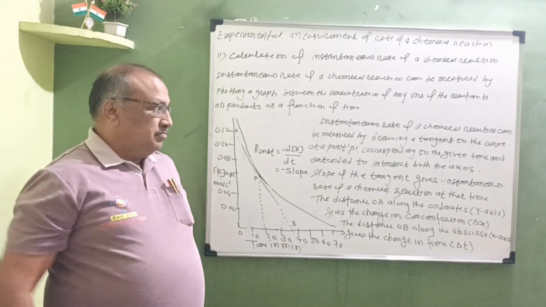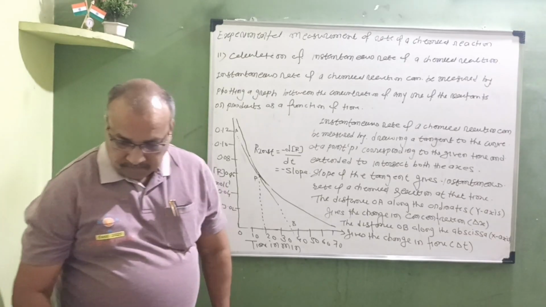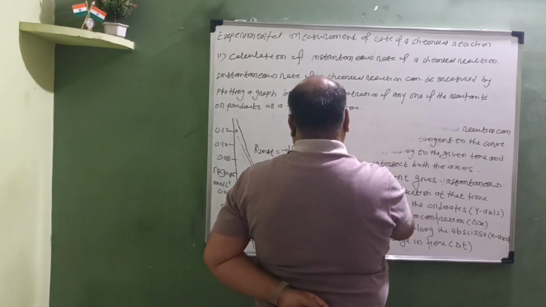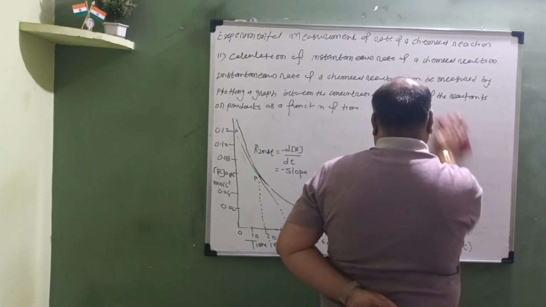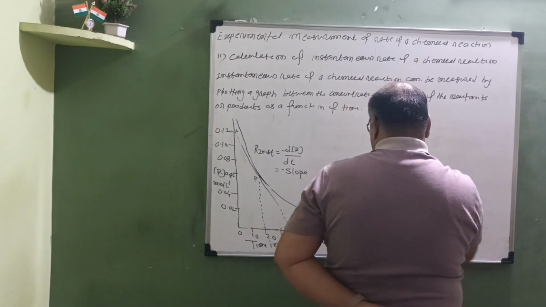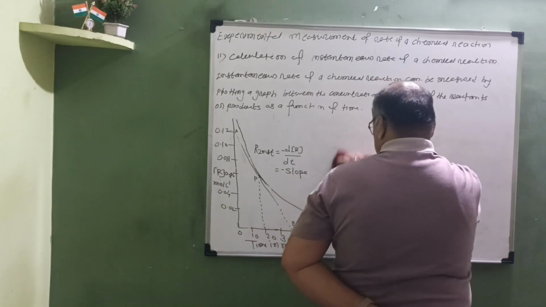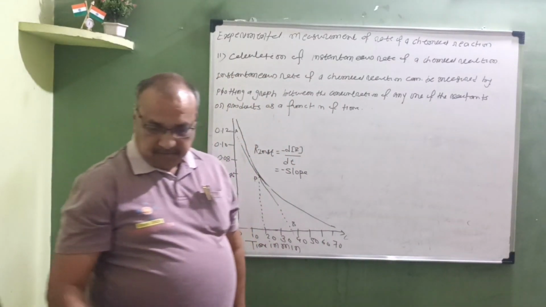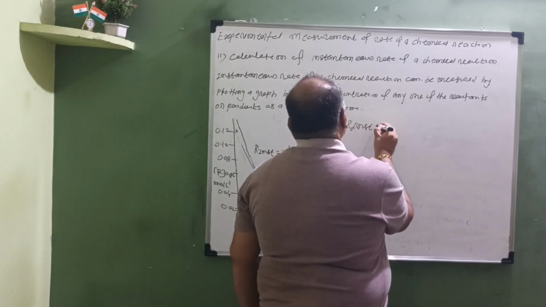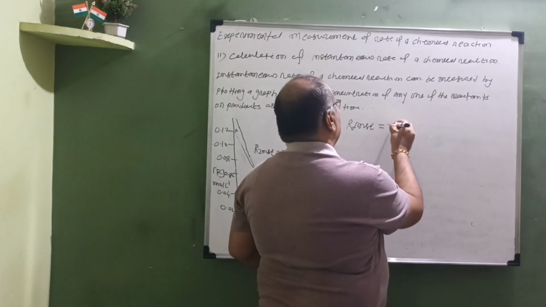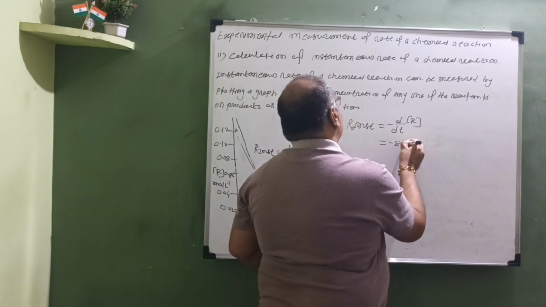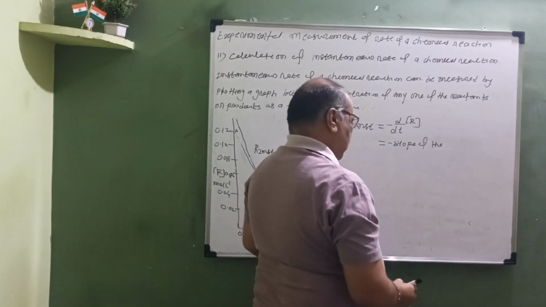Now here write down R instantaneous is equal to minus d by dt of concentration of R, which is equal to minus slope of the tangent.